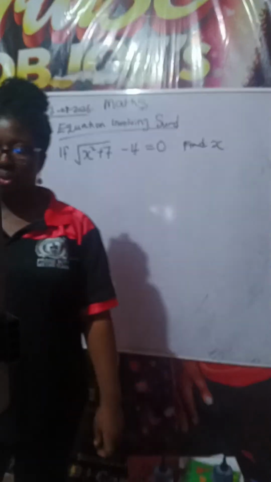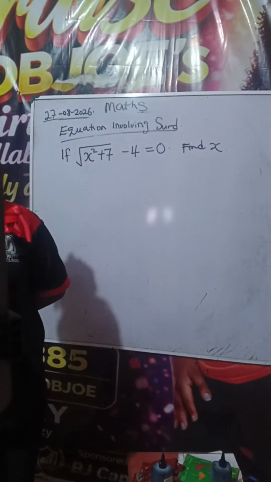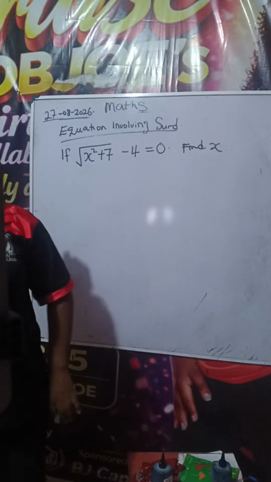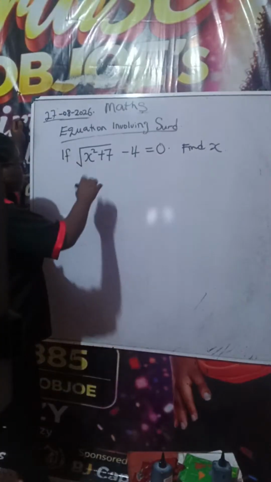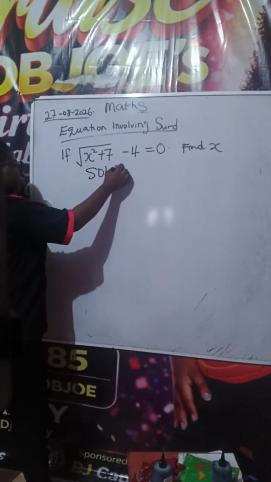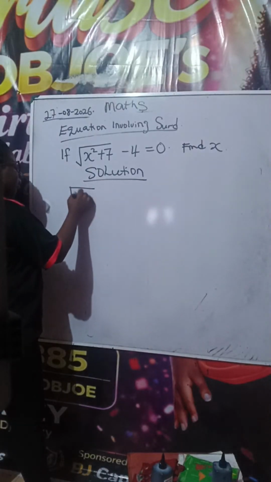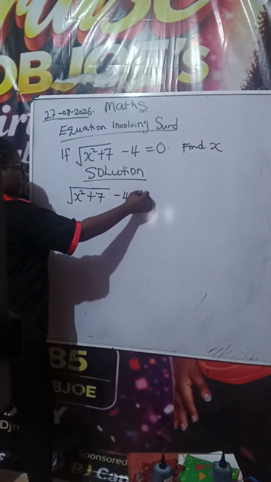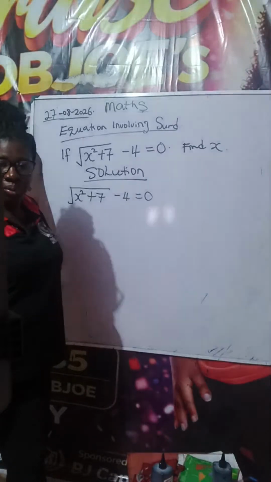So what are we going to do? What do we do first? What is going to be our first step? First, let's write the solution. So we have root of s squared plus 7 minus 4 equals 0. Move 4 to the right.